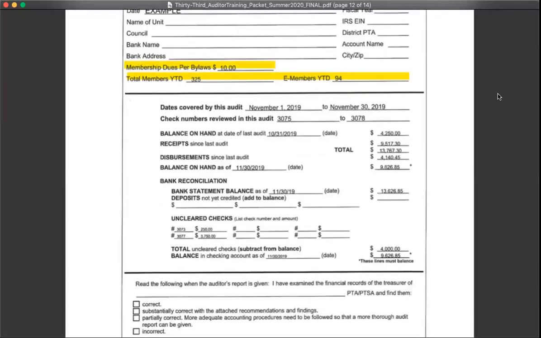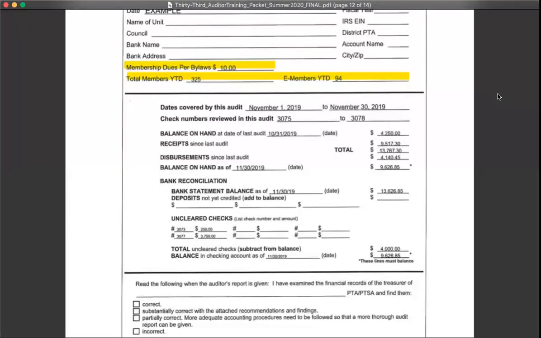Then we would put the check numbers that were reviewed in the audit. So you want to make sure that your beginning check is the check after the ending check of your prior audit. So if your prior audit went up to 3074, you want to make sure that your first check for this audit is 3075.